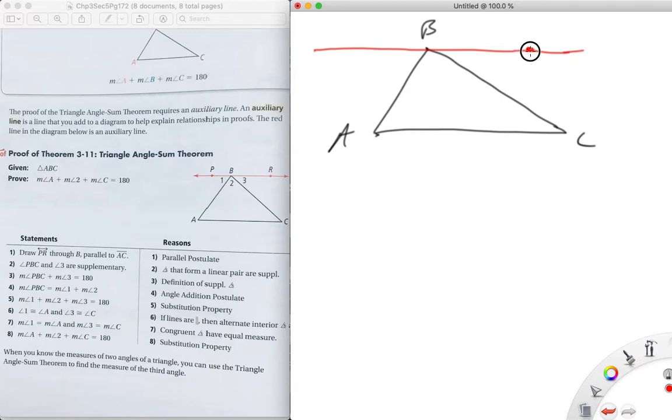So we'll draw a line P R. With this auxiliary line, we have three angles: 1, 2, and 3.